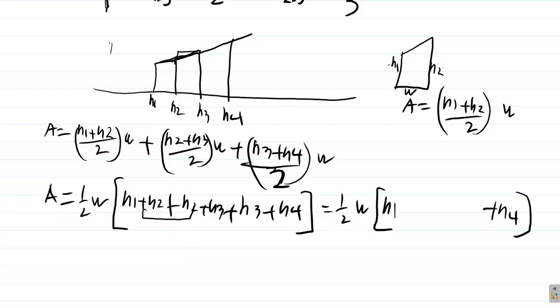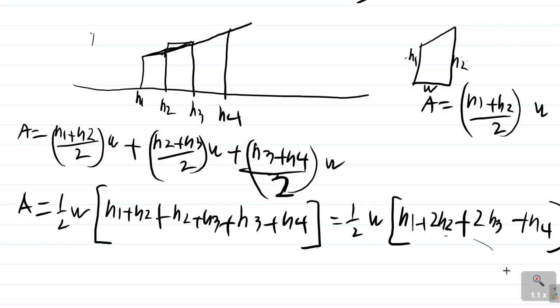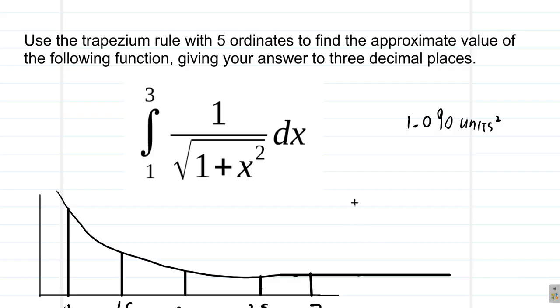So there are two of them, plus 2H2. Similarly there are two H3s. So there's only one of the first ordinate, only one of the last, but you have 2 times all the others.